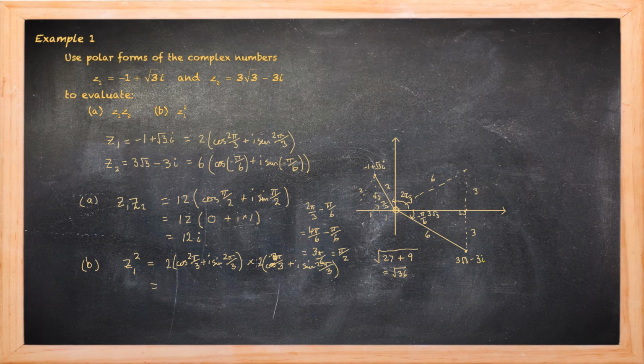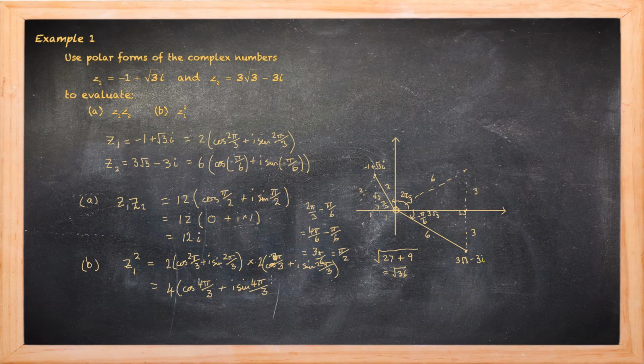So the moduli multiplied, 2 2s are 4, and the arguments added, 2 pi upon 3 plus 2 pi upon 3 is 4 pi upon 3. Now you notice that is not a principal value of the argument. We'll go into that in detail in the next video.